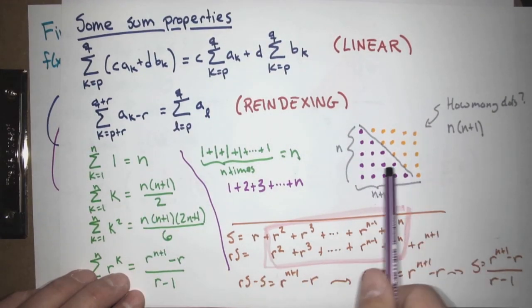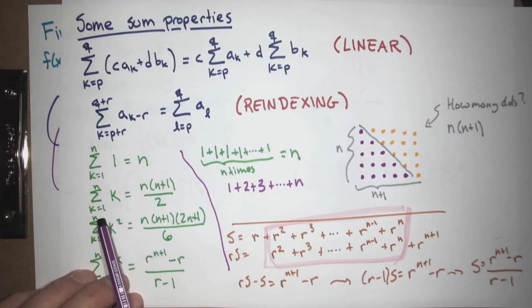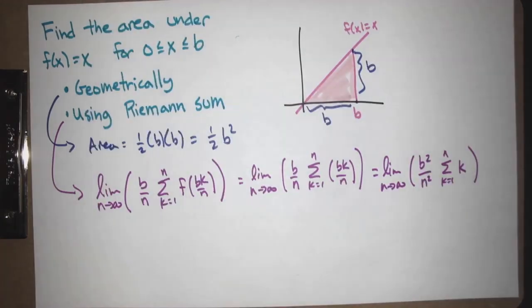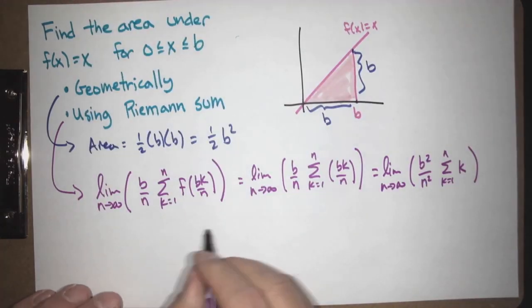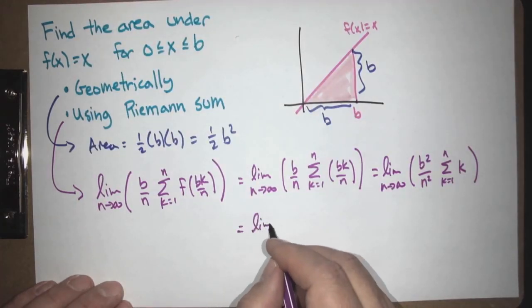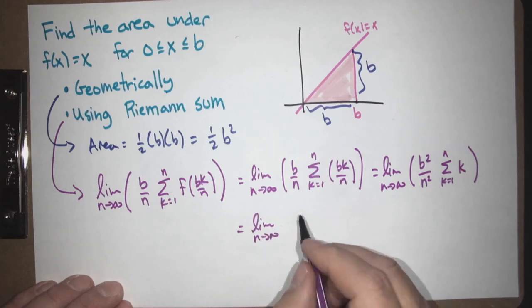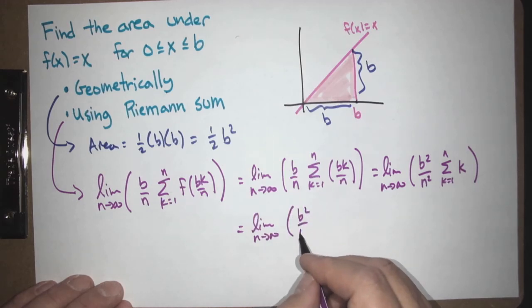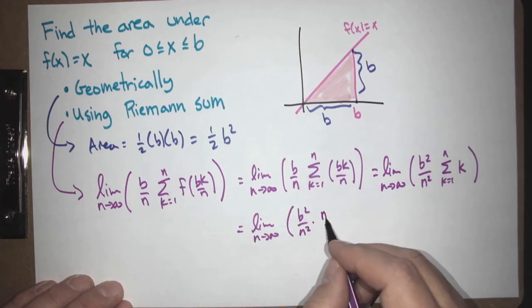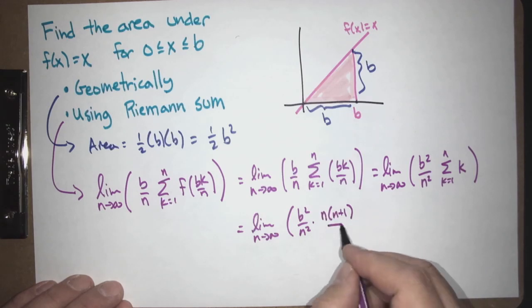It's the one with the dots. So the sum from 1 to n of k is n times n plus 1 over 2. So this becomes the limit as n goes to infinity of b squared over n squared times n times n plus 1 over 2.